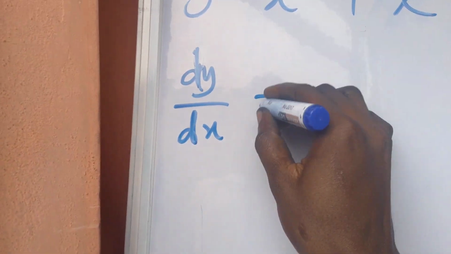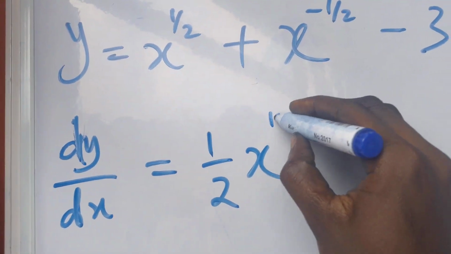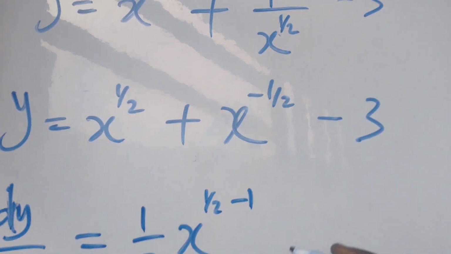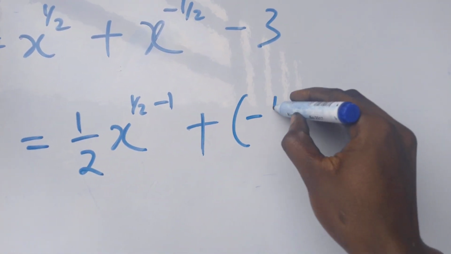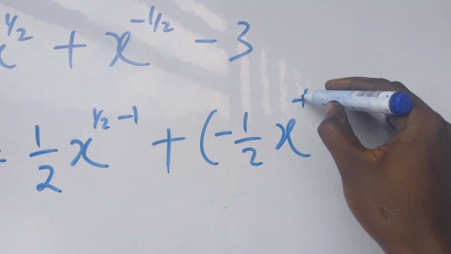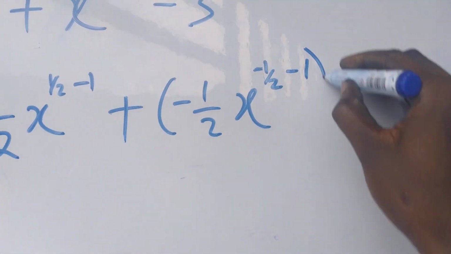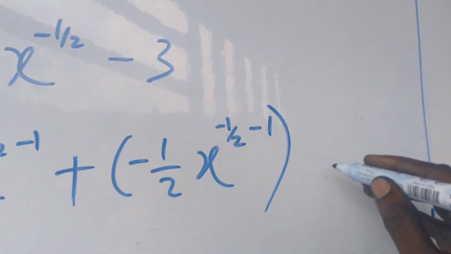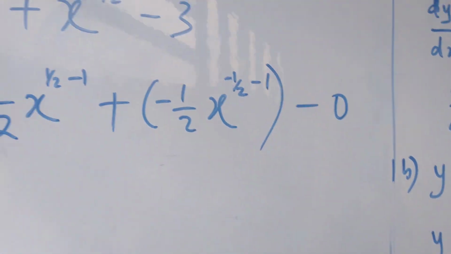dy dx will be equal to, differentiate this now, that's 1 over 2 x raised to power 1 over 2 minus 1, plus, I bring this one down, that's minus 1 over 2 x raised to power minus 1 over 2 minus 1. Okay, I differentiate the constant, I'll have 0. 3 is a constant, so if I differentiate it, I'll have 0.